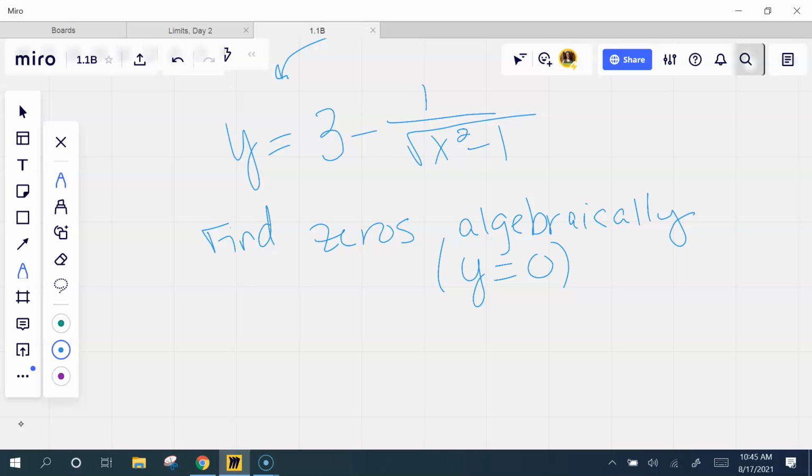Okay. So if I take this equation and I set it equal to 0, tell me what you get for x. In other words, solve this for x and tell me the answer. So do that on your own quickly. You don't know how to solve that?